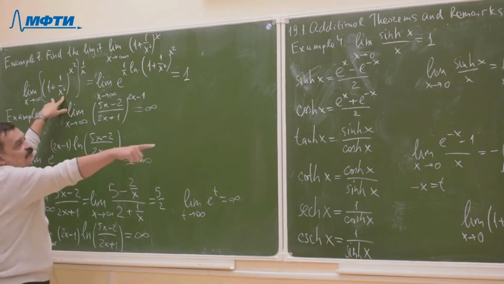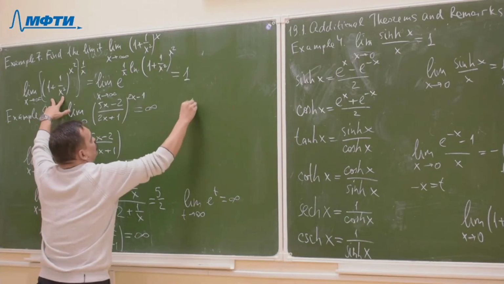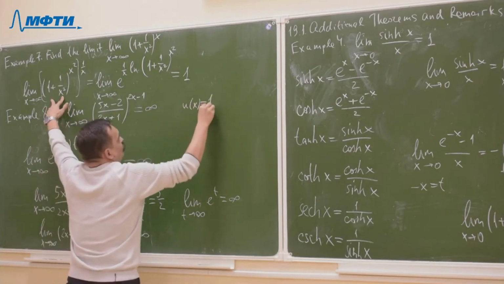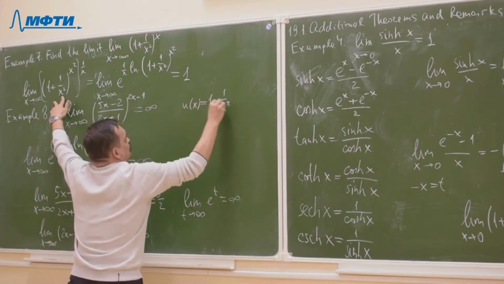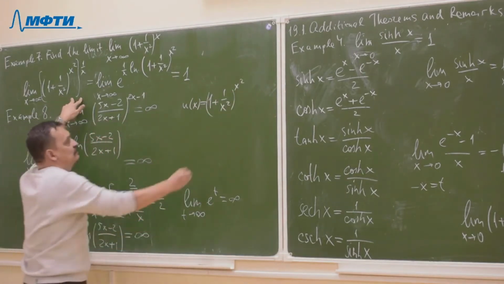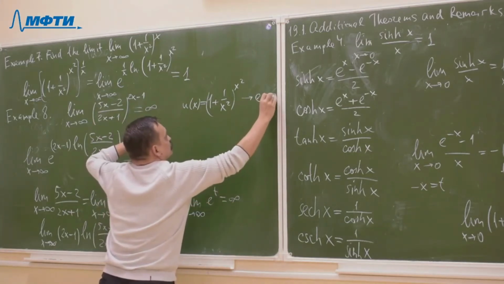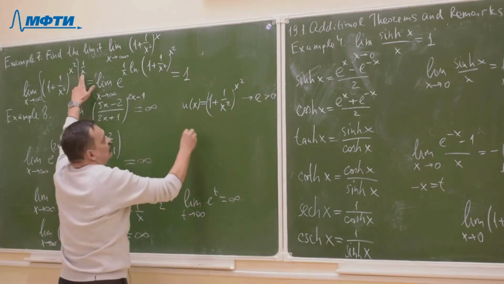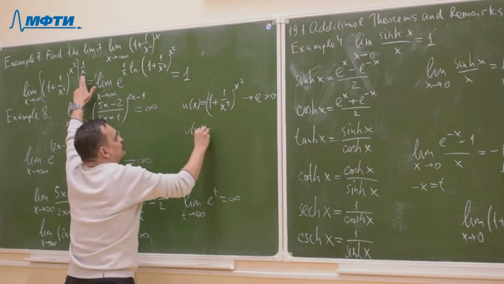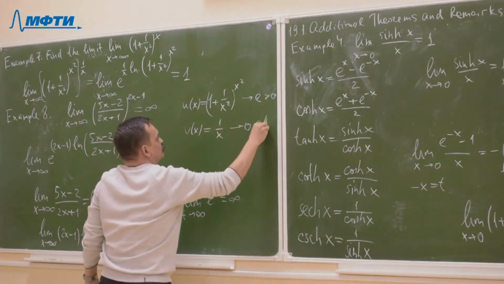Here you can now use that lemma in example 7. You have u of x, which is (1 plus 1 over x squared) power x squared, tends to e, which is positive, right? And v of x is 1 over x, which tends to 0, a real number.